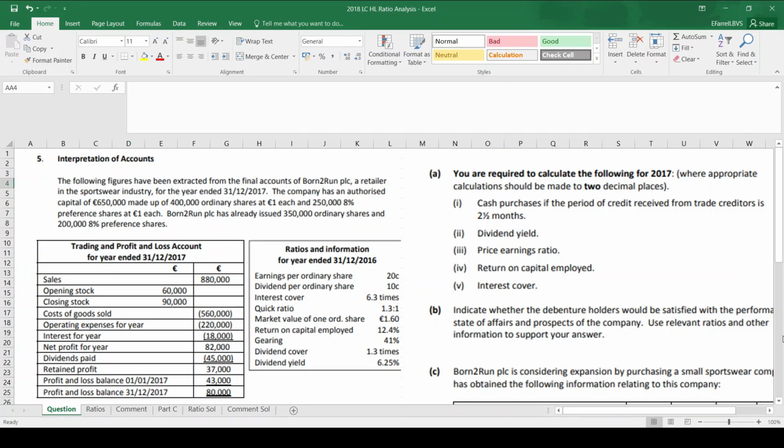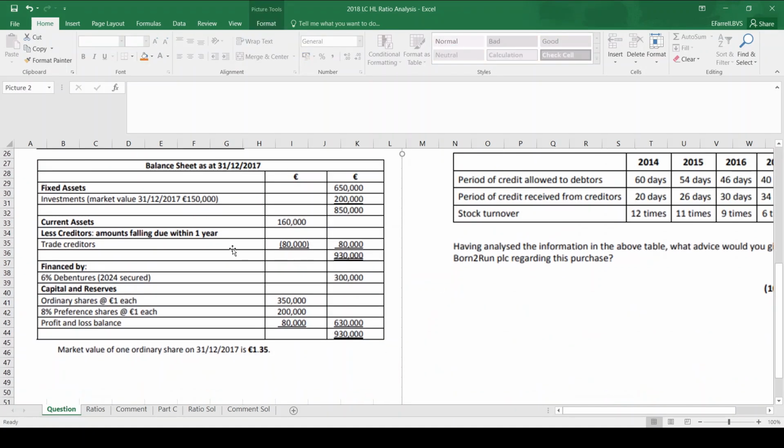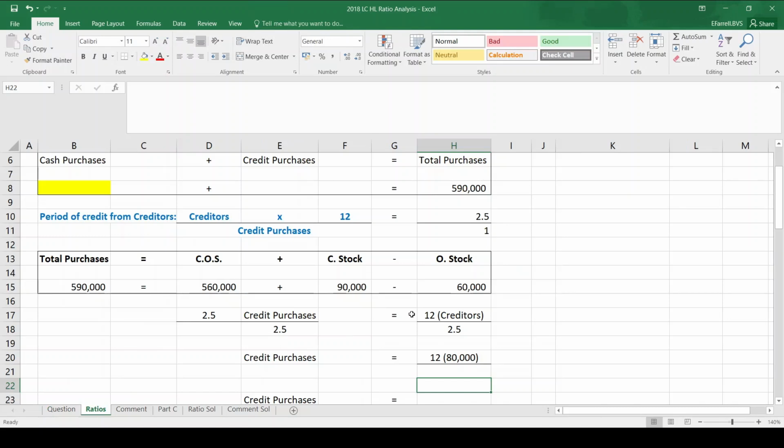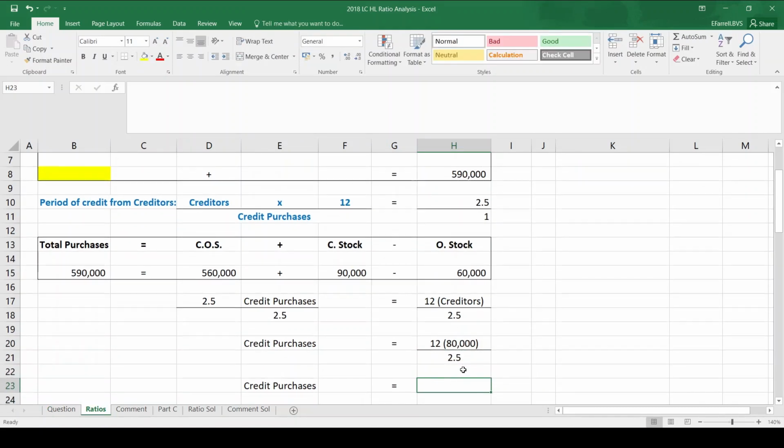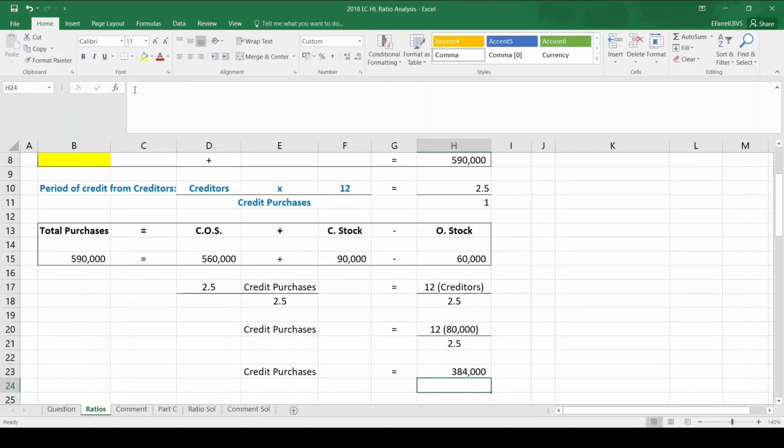Now from the question, if I go down to my balance sheet, I can see that creditors are 80,000. So it's 12 times creditors, which are 80,000, divided by 2.5, and 12 multiplied by 80,000, divided by 2.5, is 384,000.